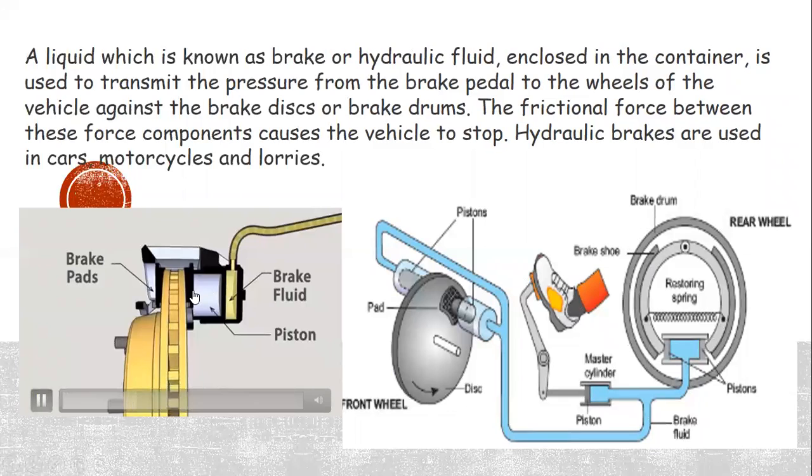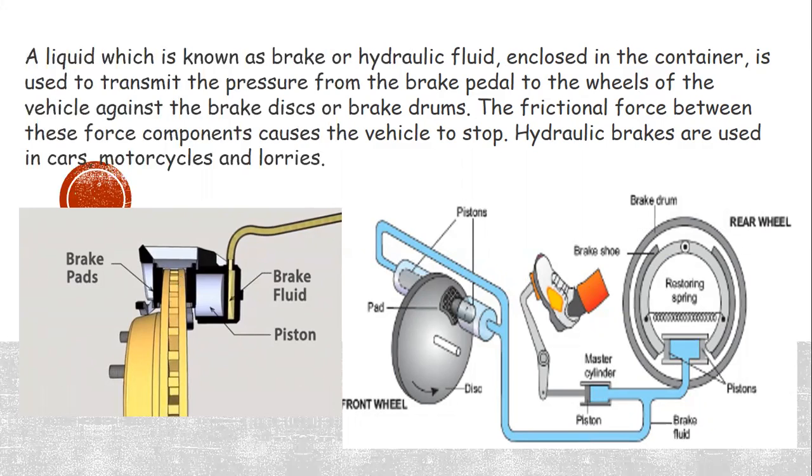When this piston moves inwards, these are the brake pads. They stop the movement of this wheel brake drum. And this is the restoring spring. When we release the brakes, this piston moves back to its original position.